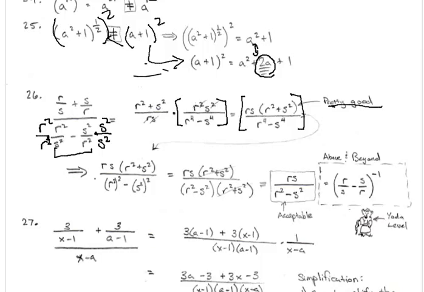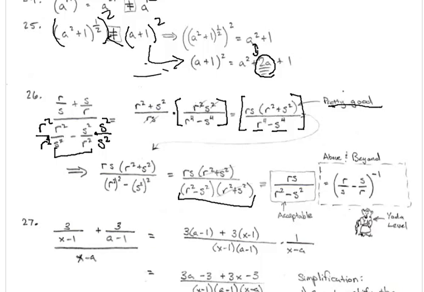One thing you could do is recognize that r to the fourth minus s to the fourth can actually be written as the difference of perfect squares, where r to the fourth is equal to r squared squared, and s to the fourth is equal to s squared squared. So that can be factored.